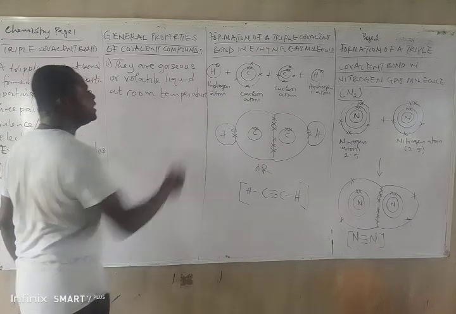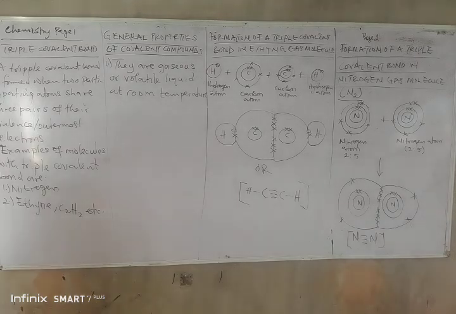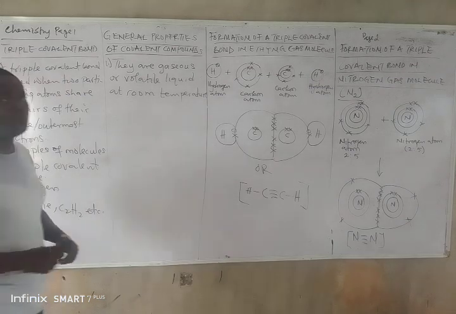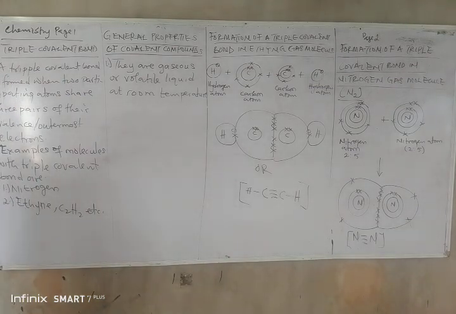All the examples of covalent bonds we cited are either gases, like nitrogen gas, or liquids, like water. None of them is a solid. So they are mostly gaseous, or if they are liquid, that liquid will be light, volatile. What do we mean by room temperature? The temperature of the environment we are enjoying now, when we did not put the thing on fire or inside the freezer. That's the room temperature.